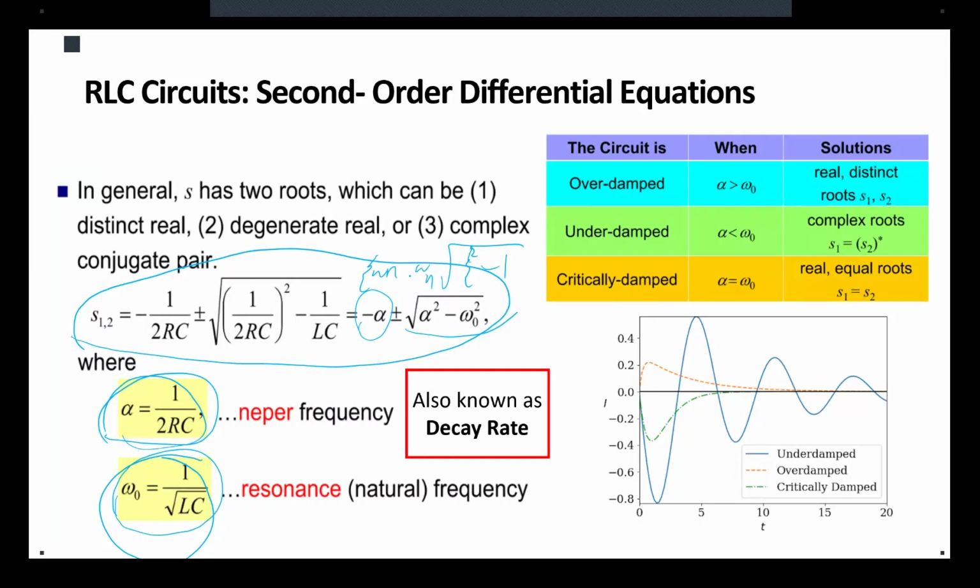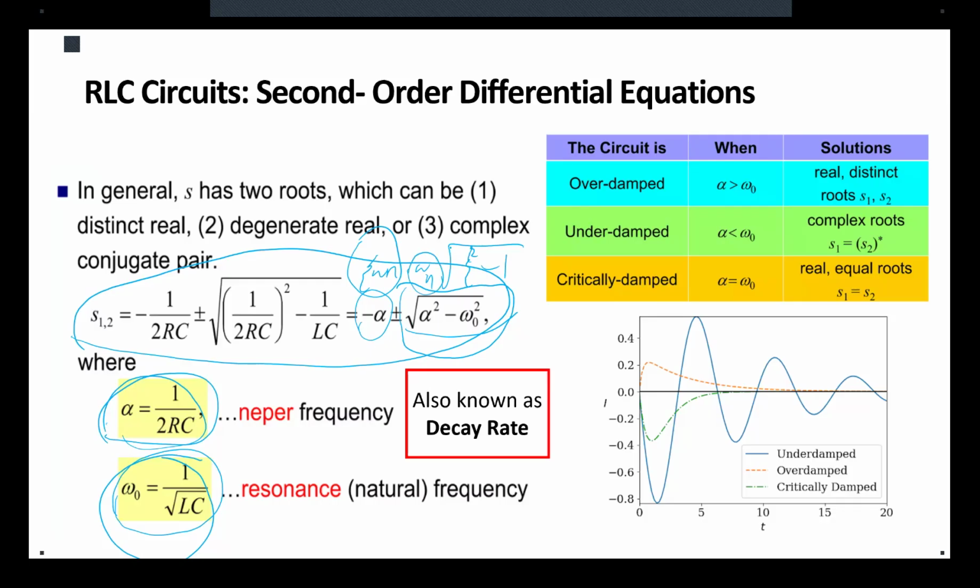So you have the decay rate by using the definition that we had. Whatever happens here is going to be your oscillation frequency. So what is the oscillation frequency?